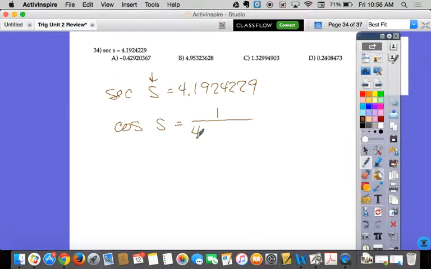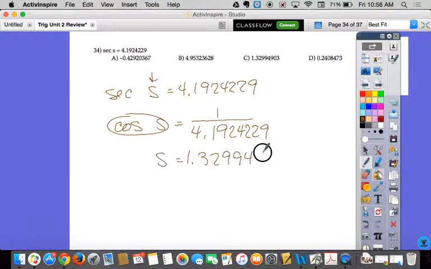So you are in radians, but you're doing the reciprocal of both sides. So it doesn't look like a reciprocal, but it is. You need to do inverse cosine, so blue button, cosine, or second, and then type your fraction. 1 over 4.1924229. And I got S to be 1.329949, blah, blah, blah. Looks like we have a winner right here.